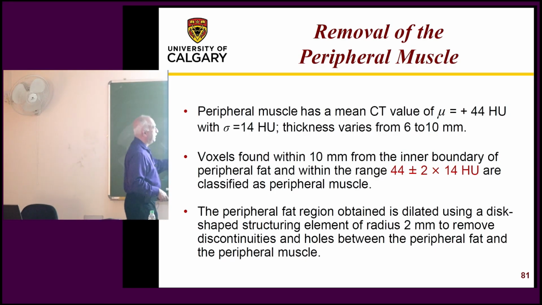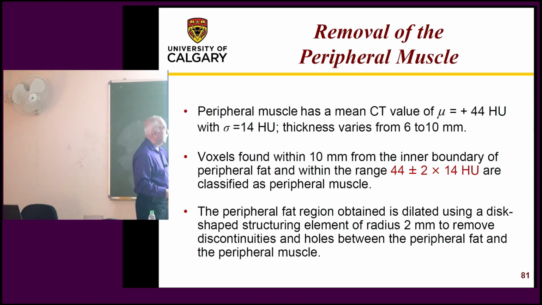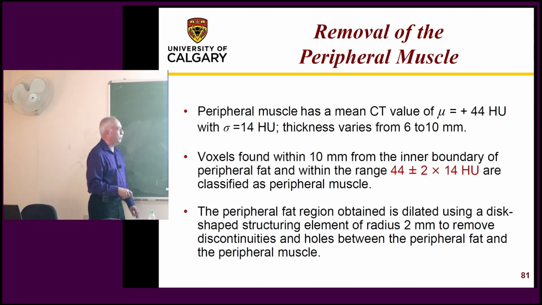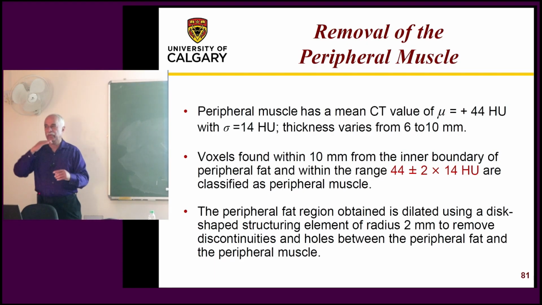So the peripheral fat region obtained is dilated using a disc-shaped structuring element, of radius 2 millimeters, to remove discontinuities and holes between peripheral fat and peripheral muscle. This is all morphological image processing. So although we said 3D, some we have done in 3D, some we do in 2D slice by slice.